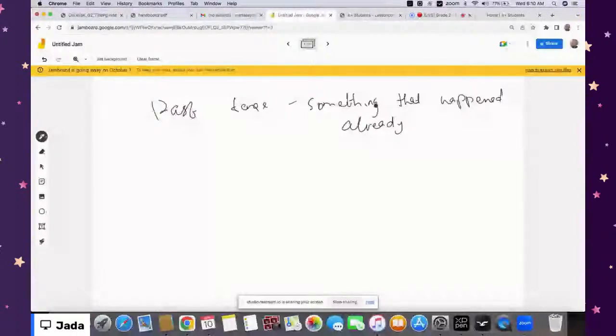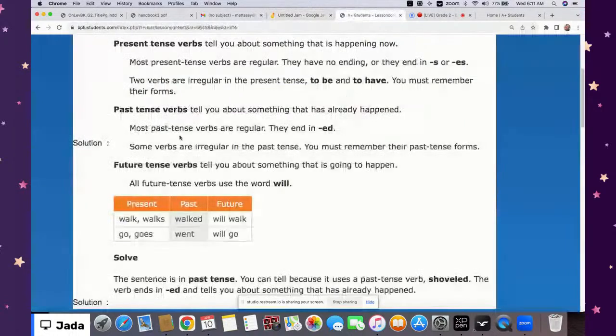So now most past tense verbs are regular, they end in ed.